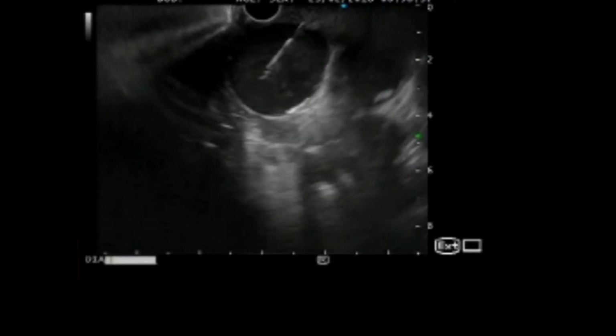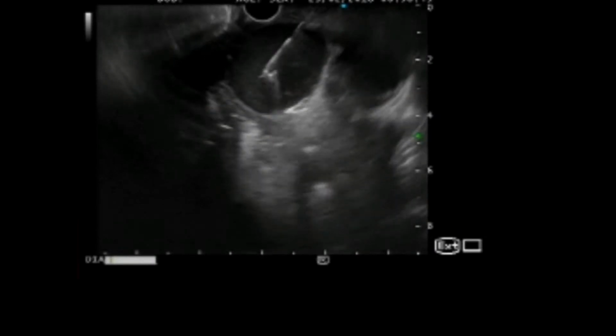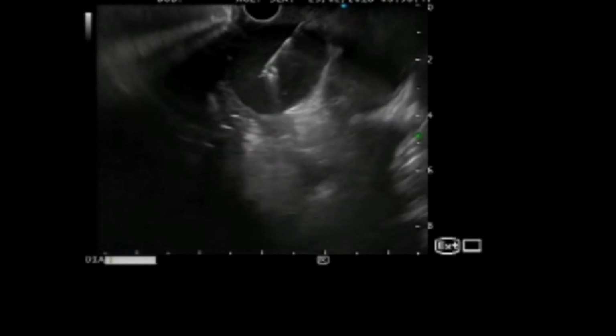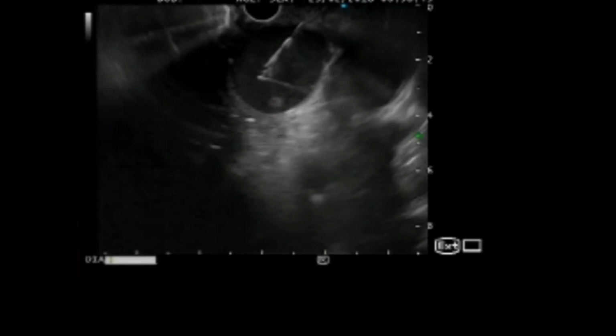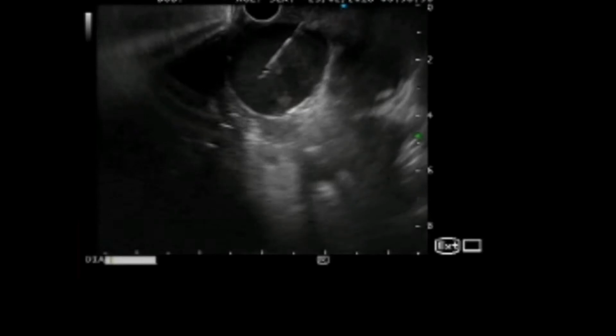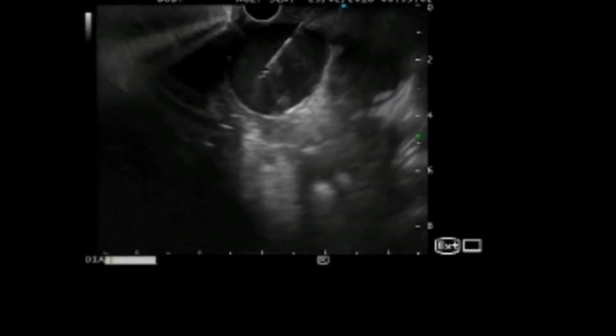You can use a platinum based coil also. This was deployed to check everything is fine. However, there is a chance of getting embolized to distant organs, especially the lung, heart, and the brain. But we were lucky enough that the coil remained in situ.